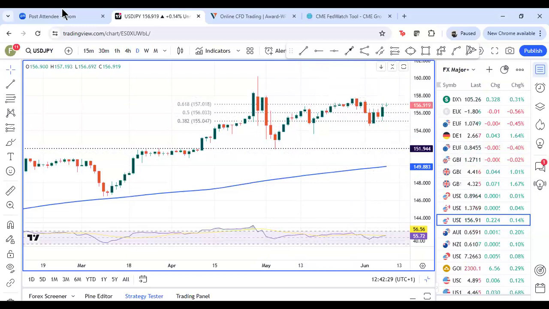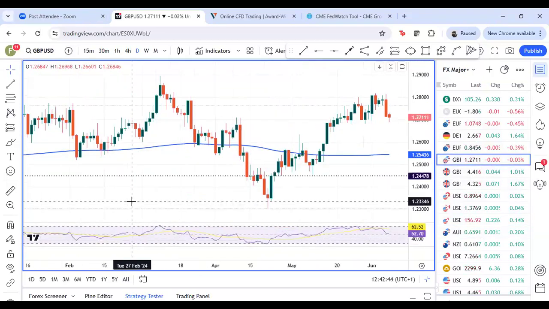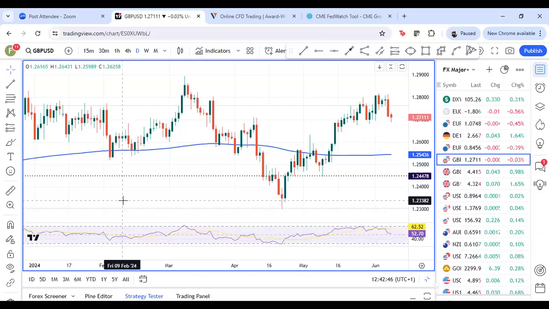I said I'd briefly look at that sterling data as well, and I'll just pull up cable. It's always good to look at the charts. Expectations for the jobs data, which is out tomorrow in the UK: unemployment is meant to hold steady at 4.3.